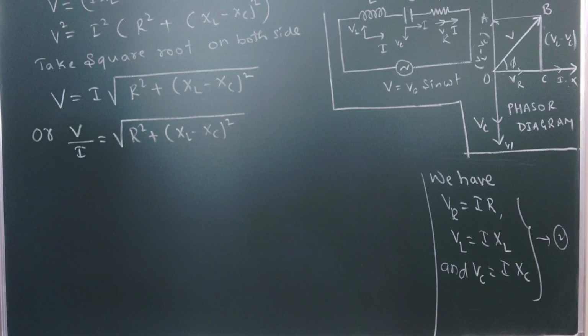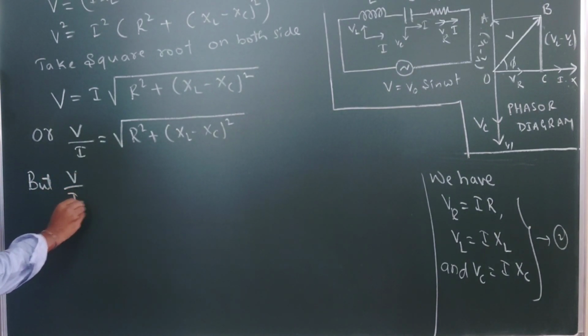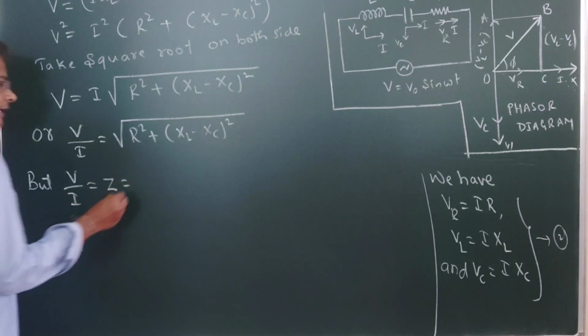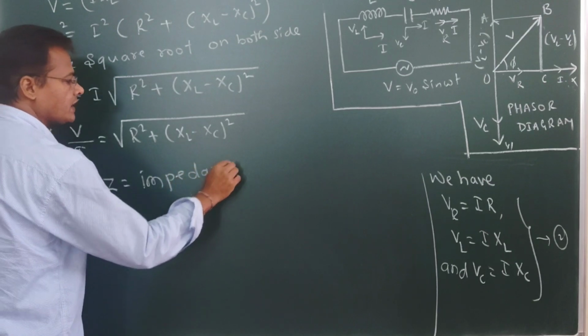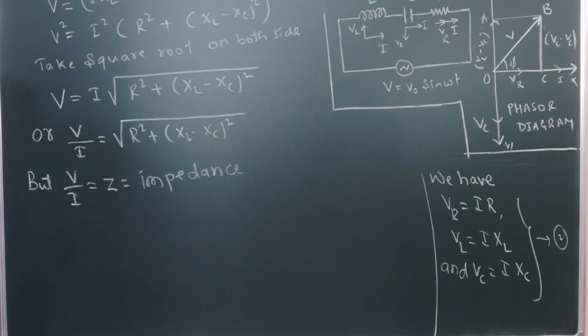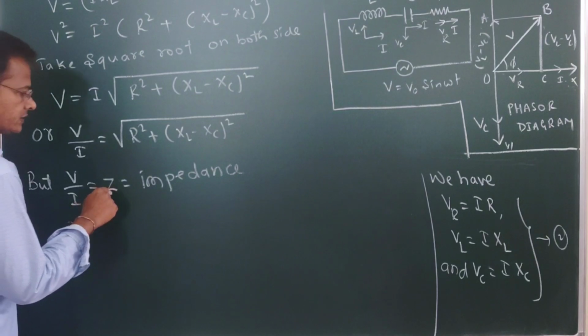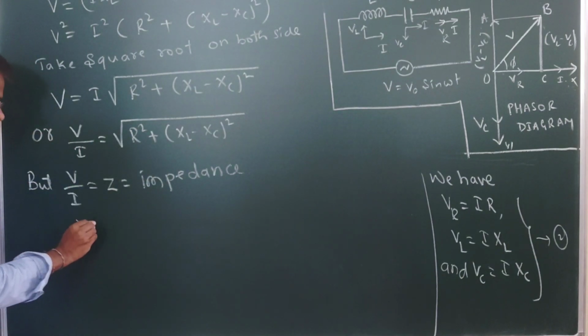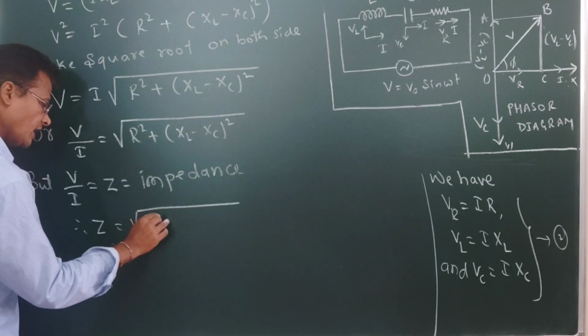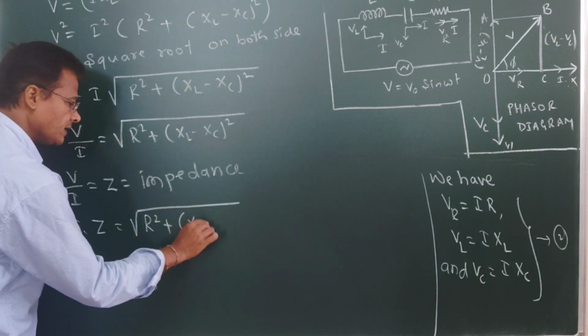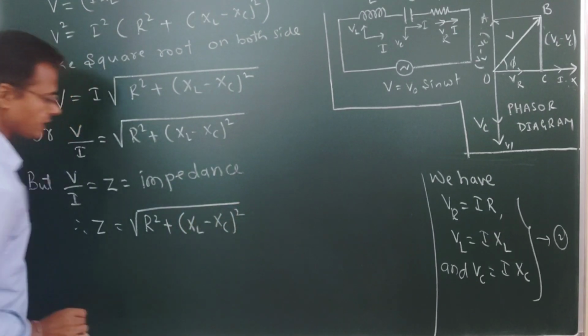But V divided by I equals Z. Z is called impedance. Impedance means resistance in alternating current. Therefore, Z equals the square root of R square plus XL minus XC whole square.